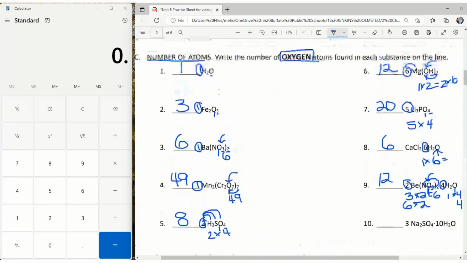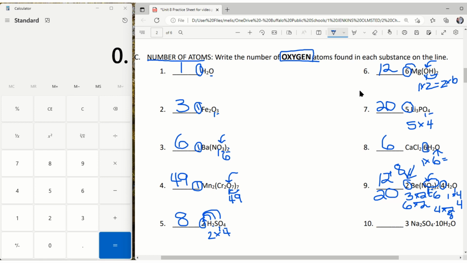But this coefficient in front right here affects the whole thing. So now I have to take this 4 times 2. That gives me 8. So I had 12 plus another 8. That's 20. Phew.